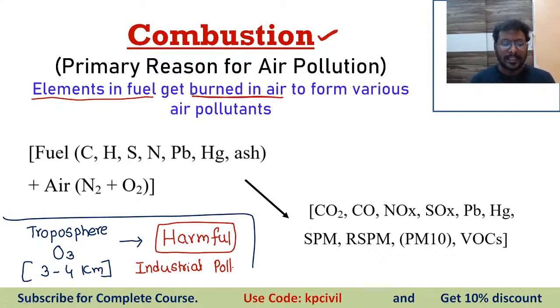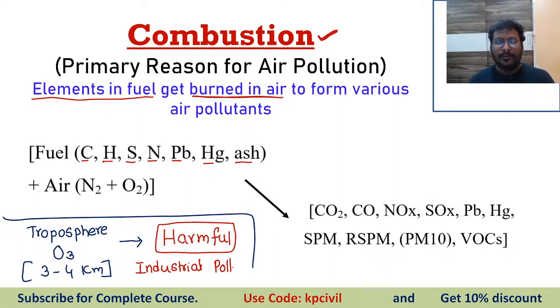What will the fuel consist of? Fuel consists of carbon, hydrogen, sulfur, nitrogen, lead, mercury, ash. The fuel may be coal, kerosene oil, crude oil, petrol, diesel, whatever the fuel may be.